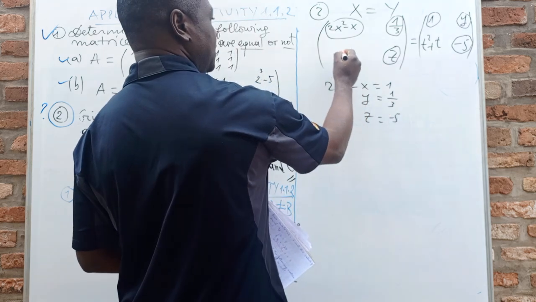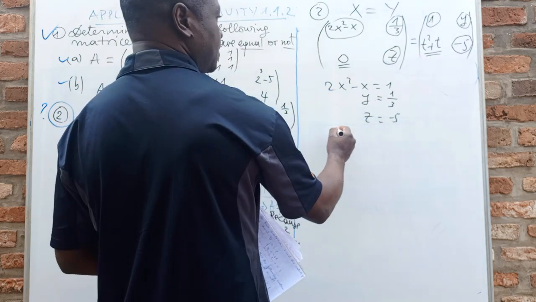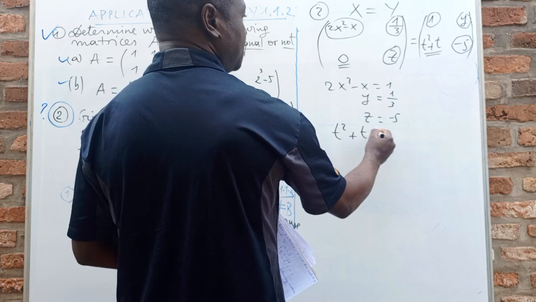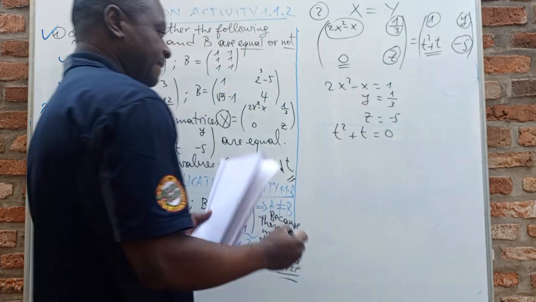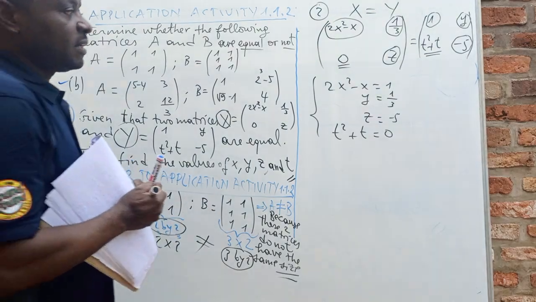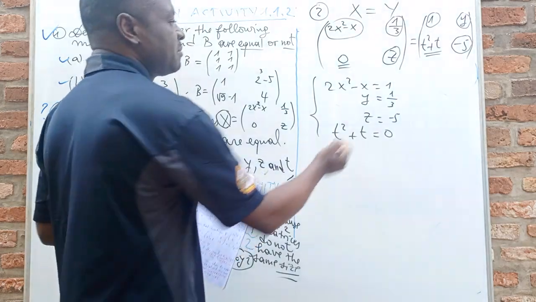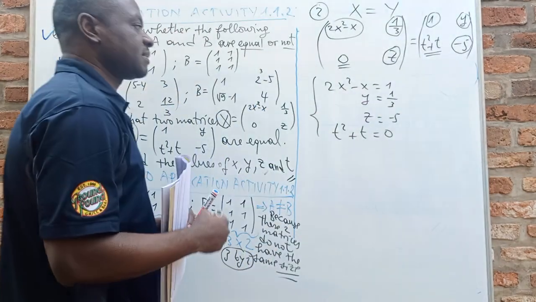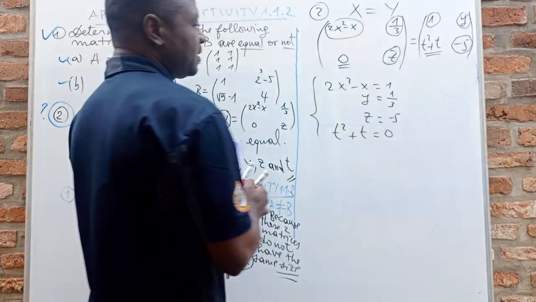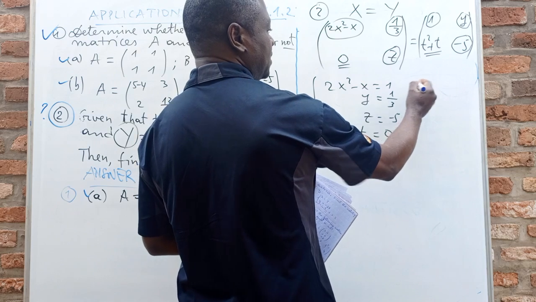Finally, t squared plus t must be equal to 0. So we have to solve this system, and it is not a linear system because you have a quadratic equation here.